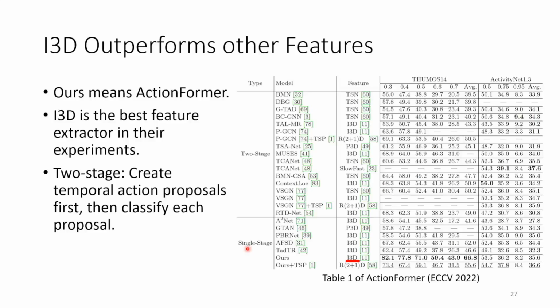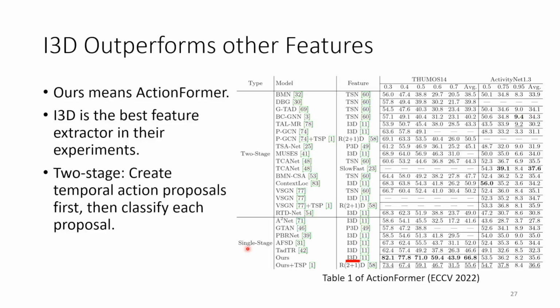So for temporal action detection, you need to detect the start time and the end time, and you also need to classify the action within the time period. This is temporal action detection. And for action recognition, or action classification, it is very clear.